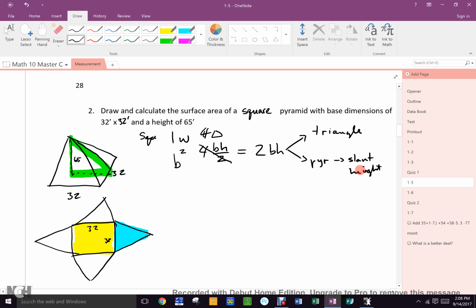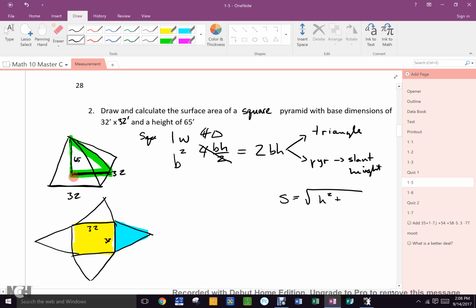So how do I find that slant height? It's the square root of the height of the pyramid, the real height, plus what number down here? The whole base or half the base? Why half?